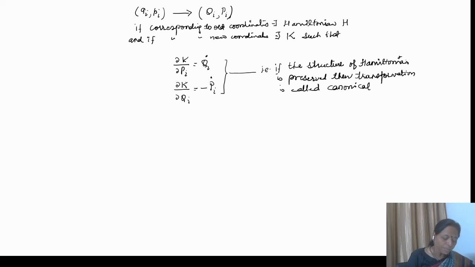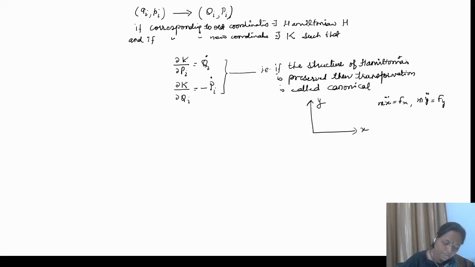For example, suppose your system is described in a coordinate system xy. In this coordinate system your equations of motion are m x double dot equals f_x and m y double dot equals f_y.